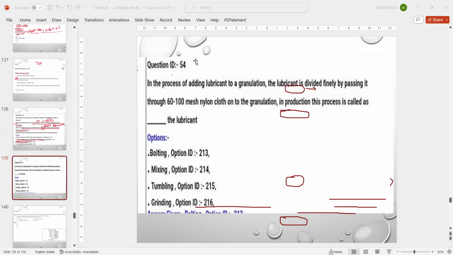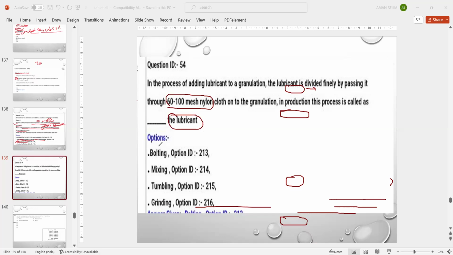The question is: in the process of adding lubricant to granulation, the lubricant is divided finely by passing it through 16 to 100 mesh nylon cloth onto the granulation. In production, this process is called as? What would be the answer?